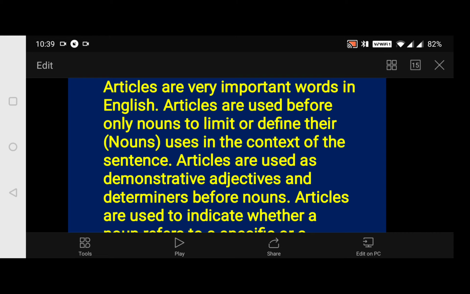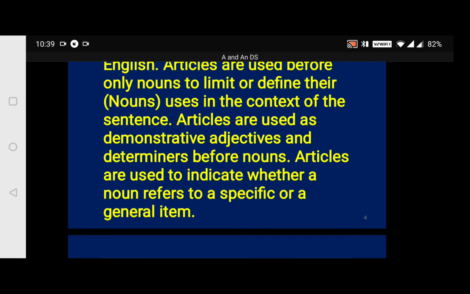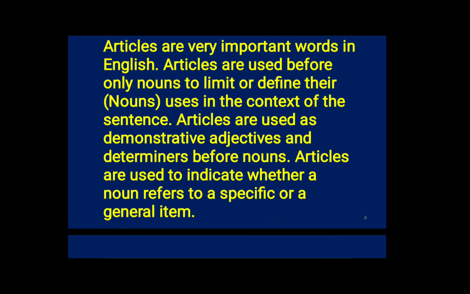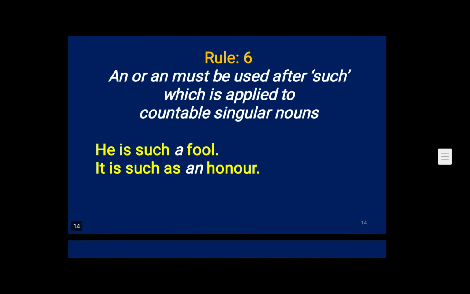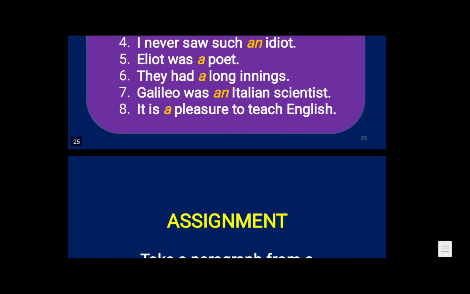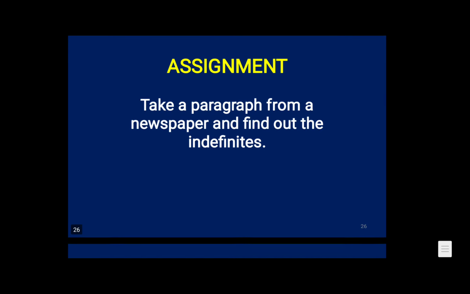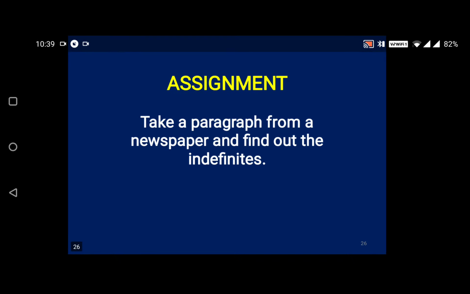You have come to a conclusion that they are used as demonstrative adjectives and determiners before nouns, and they are used to indicate whether a noun refers to a specific item or a general item. So let me discuss with you many examples before looking at the assignment. Now have a glance at the assignment. Later I'll tell you some more examples before concluding the lesson.